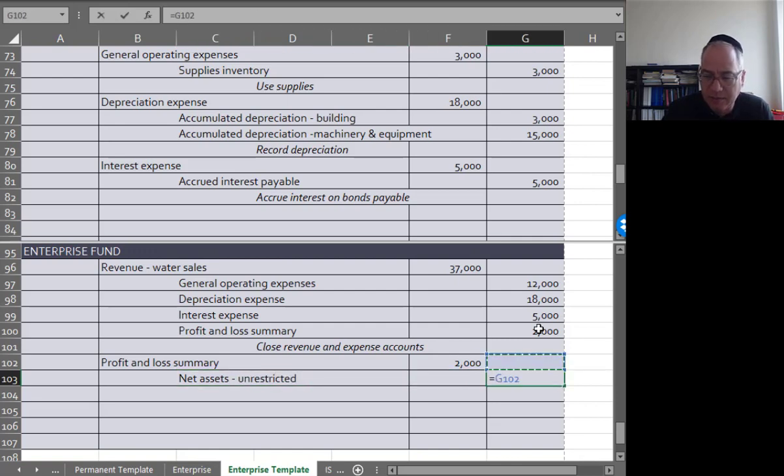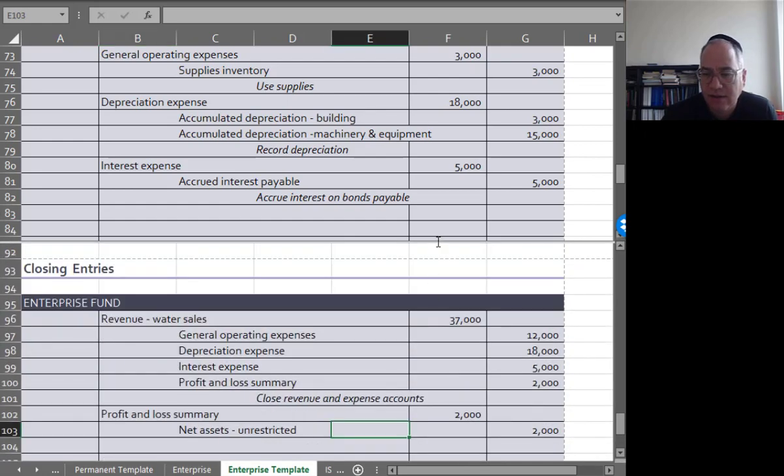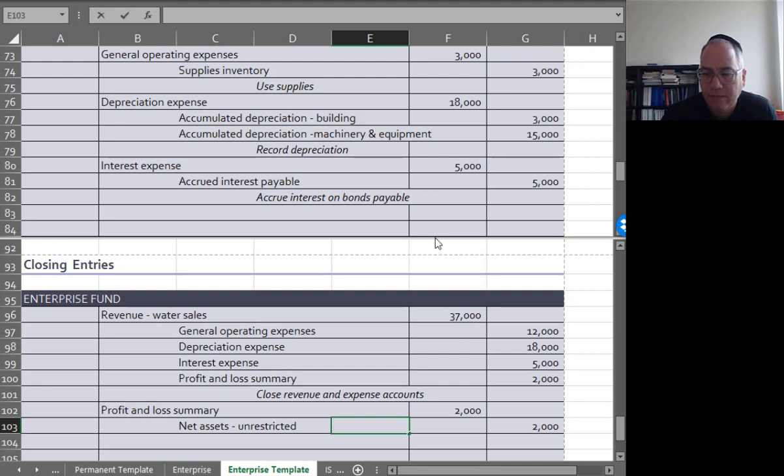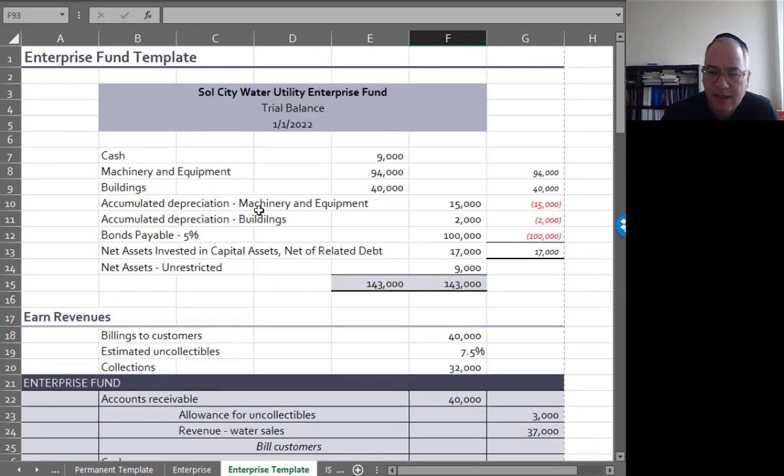It's going to be a little complicated. Net assets unrestricted would be $2,000. But we got to adjust this net assets invested in capital assets net of related debt.